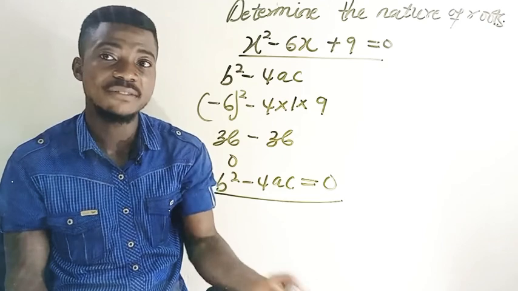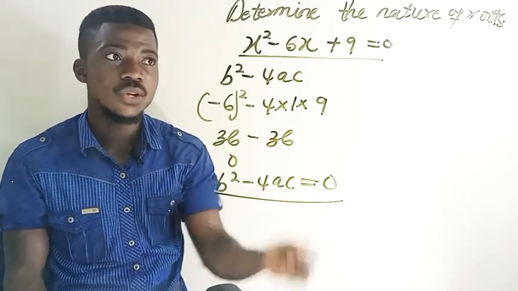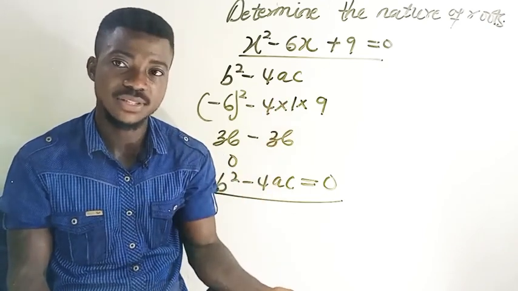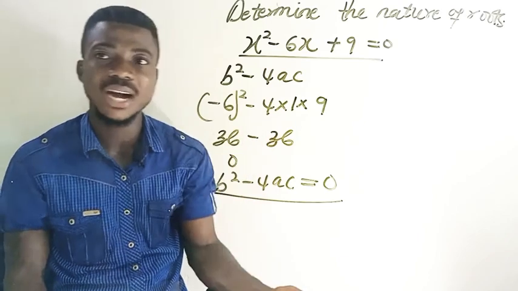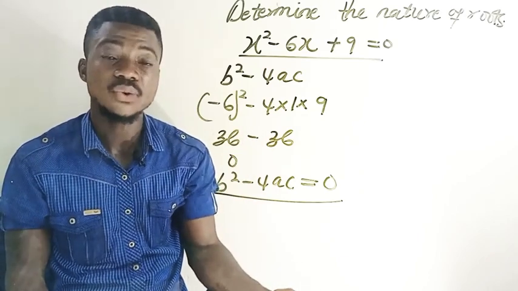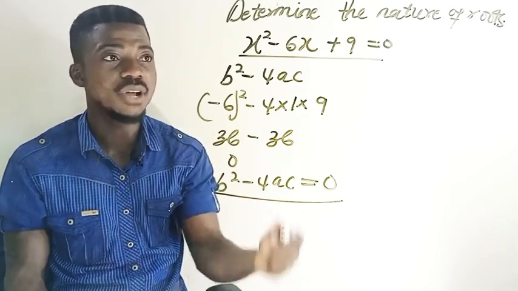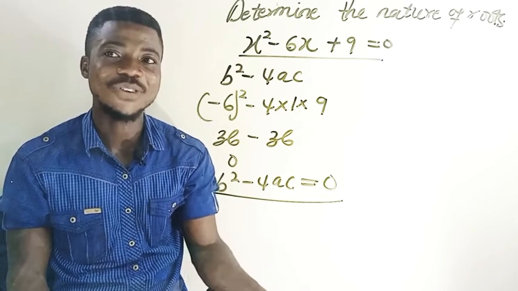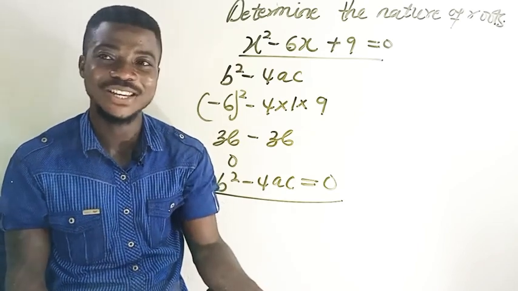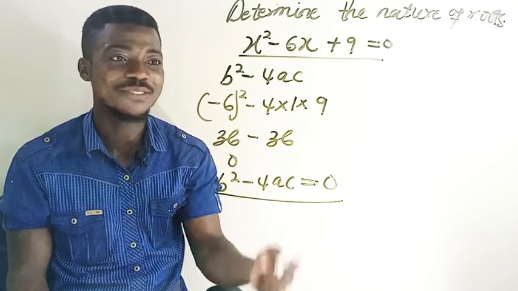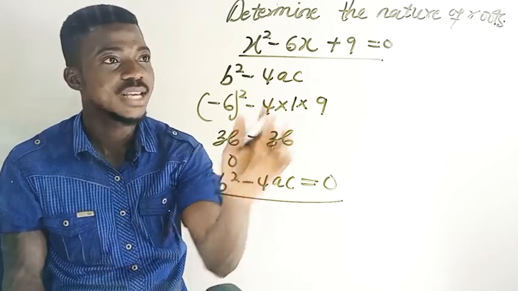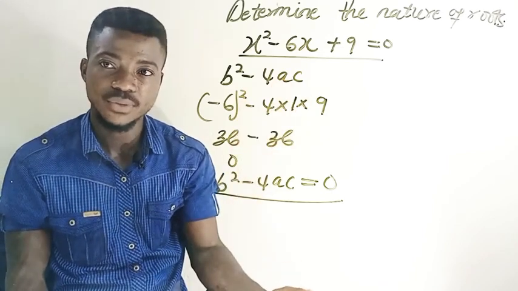So if it's 8, you have 8, 8. If it's 2, 2, 2. You can punch it in the calculator to see whether you are correct. If you don't know how to do that, check my video on how to use the calculator to solve any quadratic equation. So this equation has repeated roots.